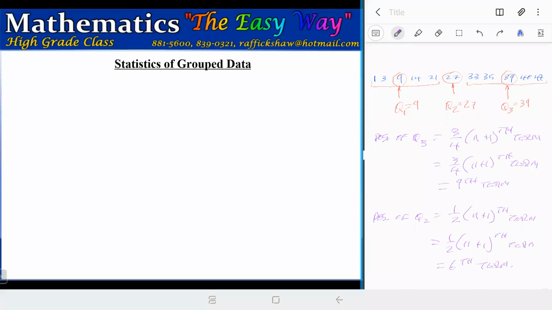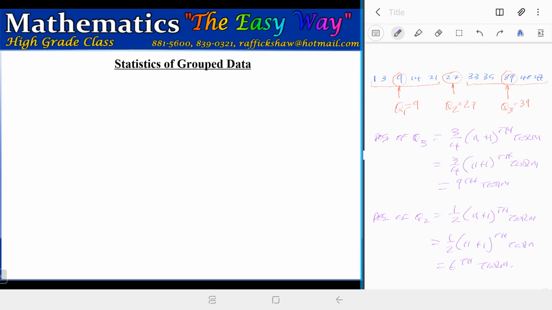Everything you do is really estimating when the data is grouped, because you don't know the actual values in the sample of the data. And so you're only estimating. Everything you do for grouped data is primarily to estimate. But I'll explain it more as we do it.